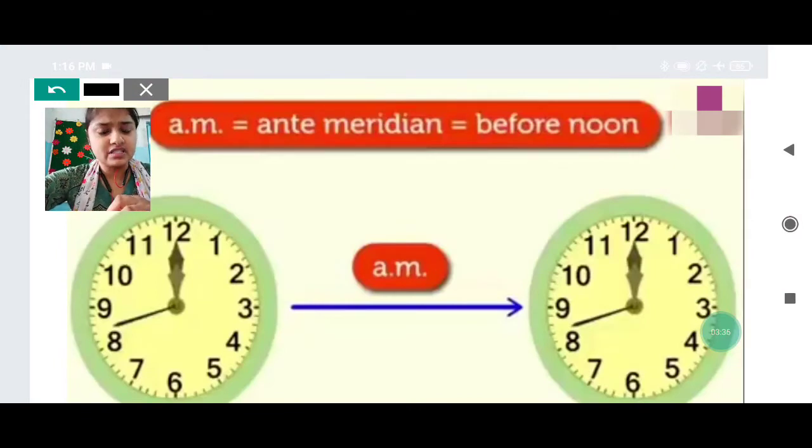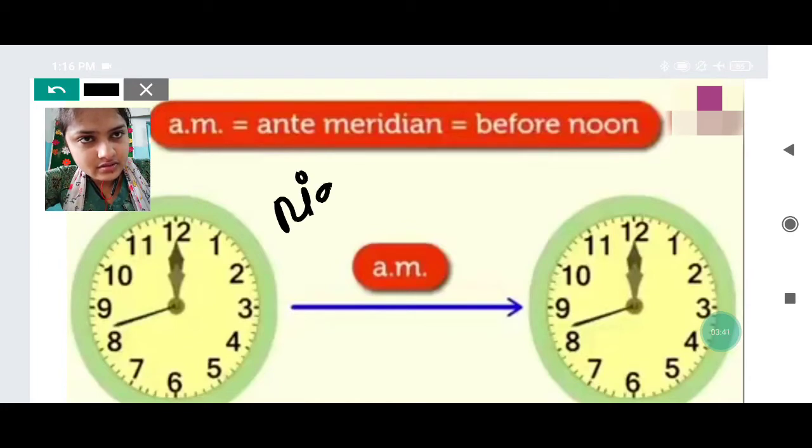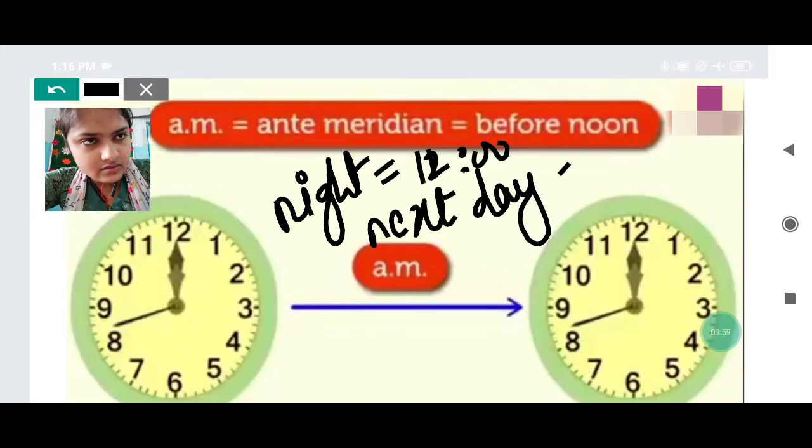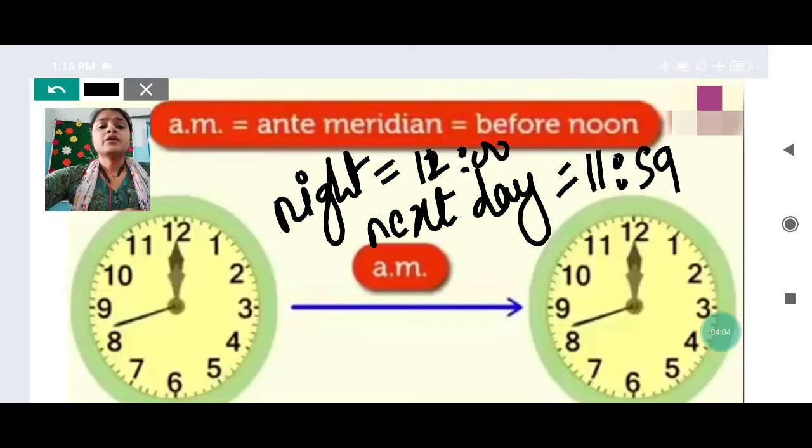Before noon, AM means from the night 12 o'clock, night 12 to the next day, from the night 12 till 11:59, it is considered as AM.